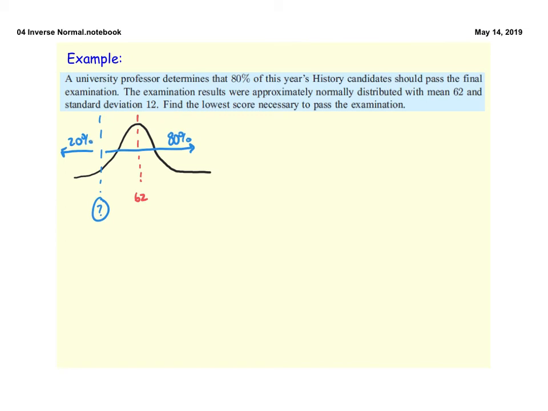So again, you could do this a couple different ways, but the way I'm going to do it is sort of the way that I've been modeling all along. I'm going to go into my inverse normal, and I'm going to type in the area as 0.2, because remember, that's to the left. I'm just going to keep the left as a standard here. And then we have our average, which is 62, and our standard deviation, which is 12.